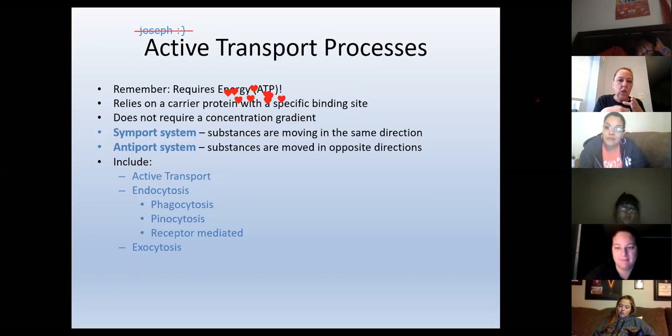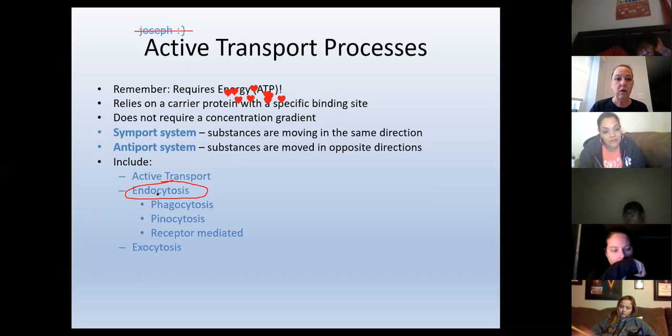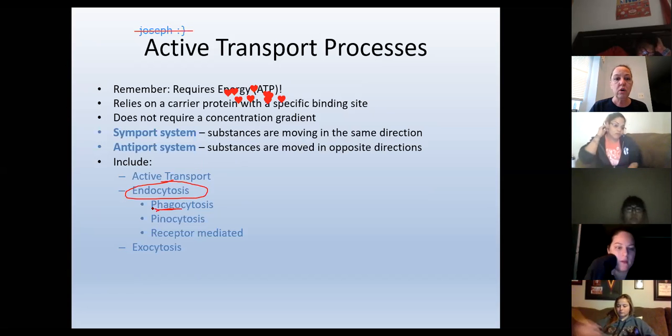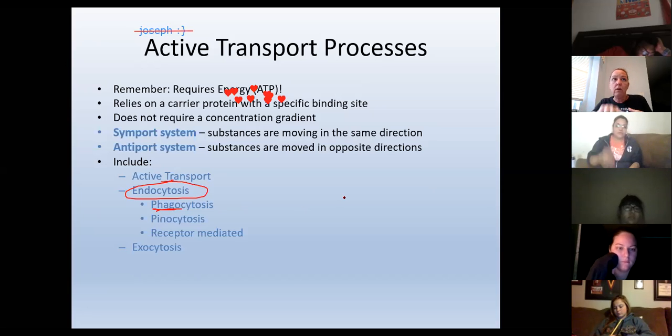I'm eating my cereal. That would be endocytosis, taking stuff into me. I am now the cell. But phagocytosis means I am taking stuff into myself. Phago would tell you it's a solid particle. Cereal, I'm eating it.